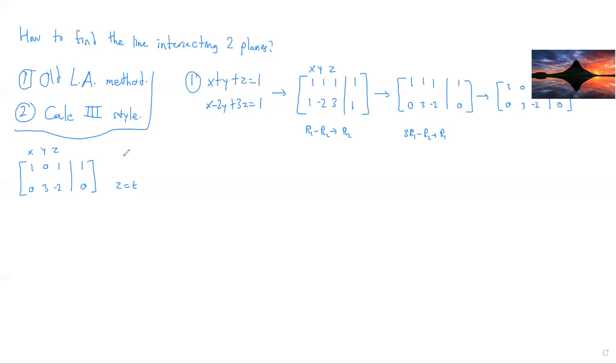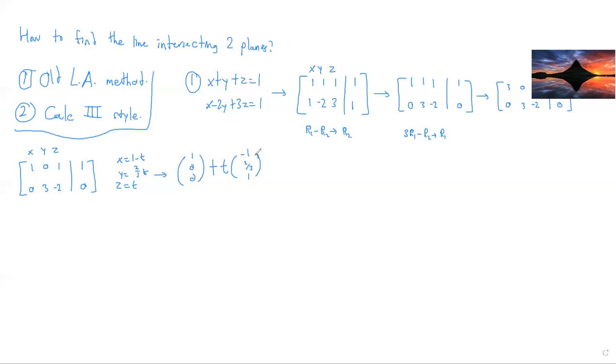Then x plus z is 1, so x is 1 minus t, and y is equal to 2 over 3 t based on here. This can be written in vector form, which looks like your starting point 1, 0, 0 plus t times negative 1, 2 over 3, and 1.